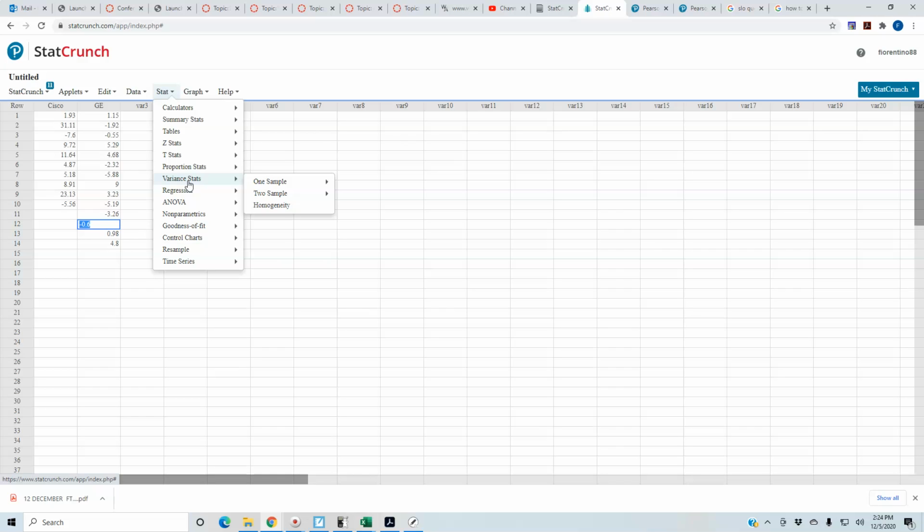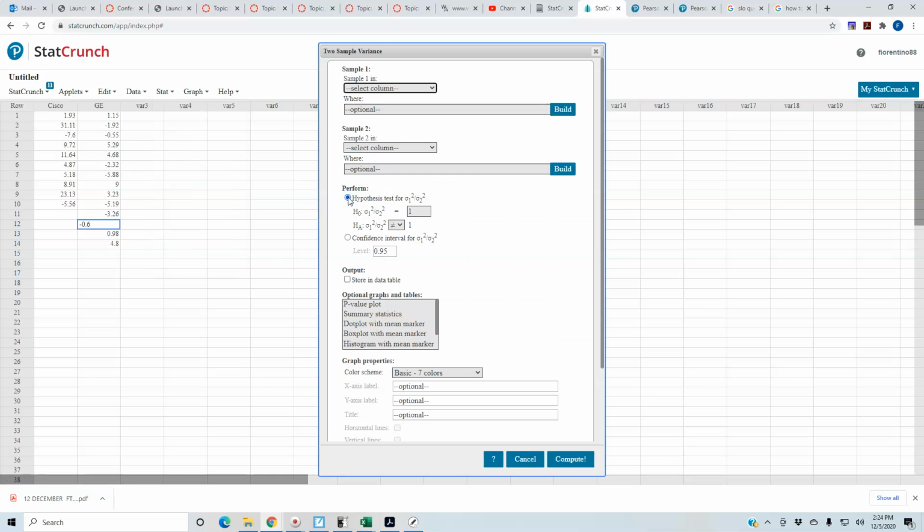Since we have two columns, that means we have a two-sample hypothesis, and since we put in the data, we're going to go with data. The first column represents Cisco, so we want to make sure that's selected, and the second column is GE, so we're going to select that.